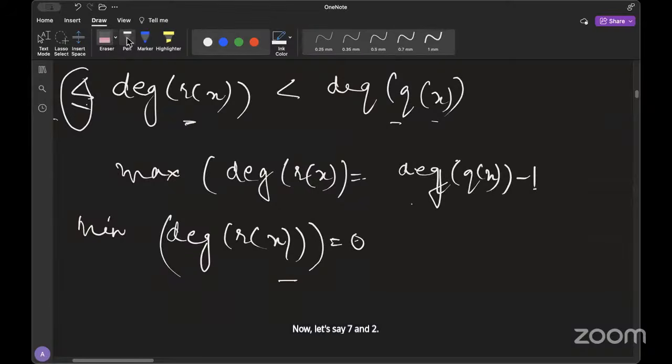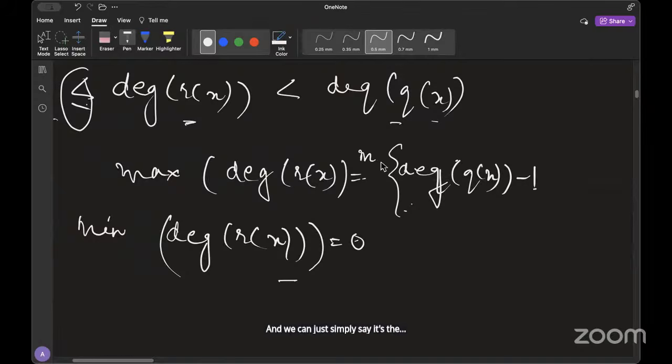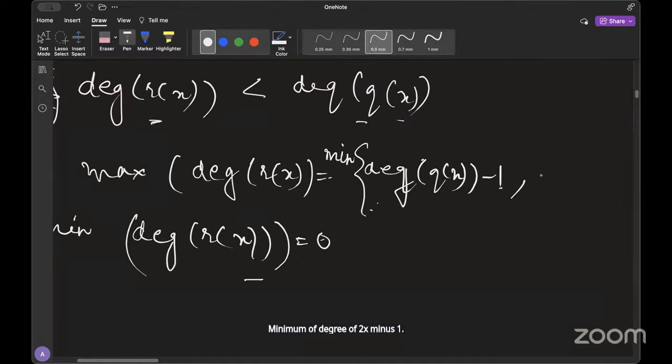If you can talk about the degree of R(x), and if we are assuming that the degree of R(x) exists, that means your remainder is not 0. And we can just simply say it's the minimum of degree of Q(x) minus 1 and 0, or maximum actually. It can take this thing here. So this just fixes everything.